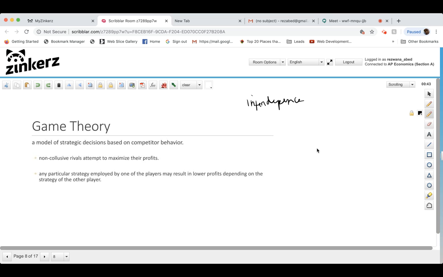Okay, so because we know that firms in oligopoly are interdependent, they're affected not only by their own decisions about the price or how much to produce, but also by the decisions of other firms in the market, right? So because of this complexity, your decision is not the only thing that matters, but also what your rivals are doing is very important.